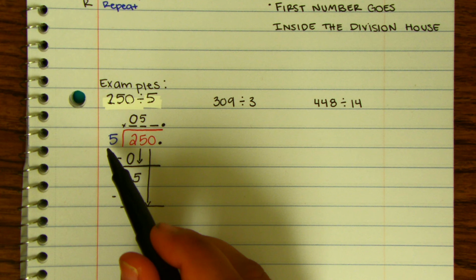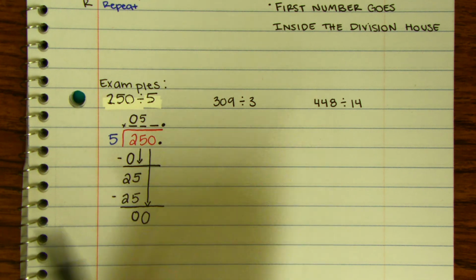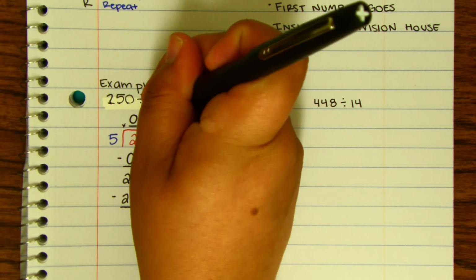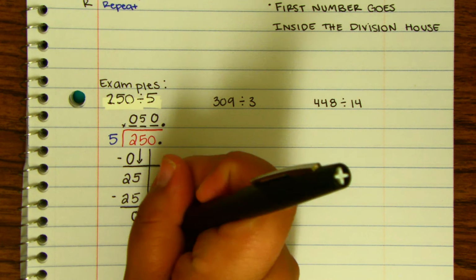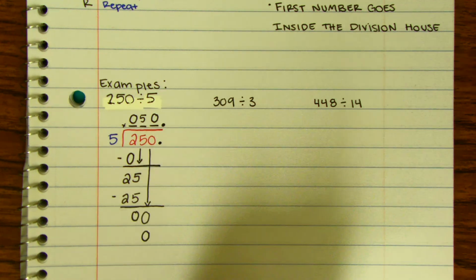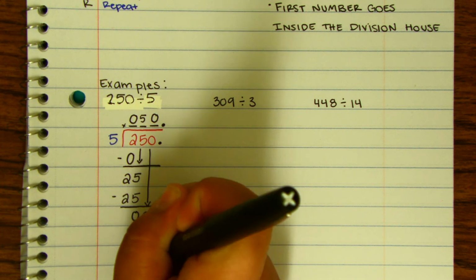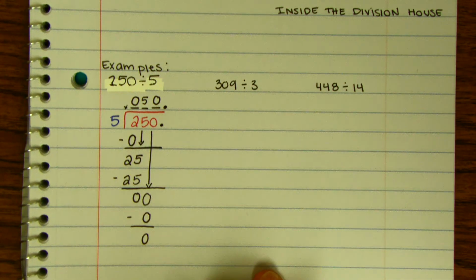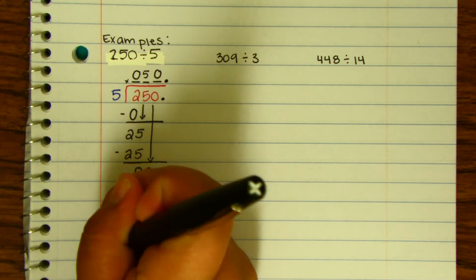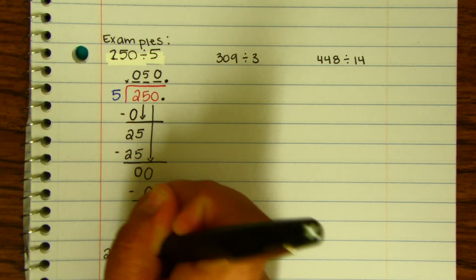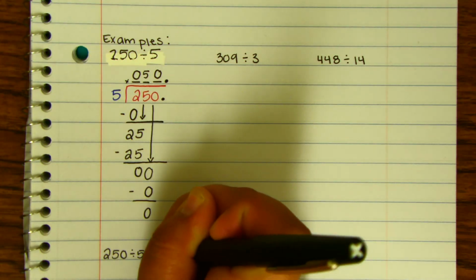So 5 can go into 0, and it can go into 0 times, because 5 times 0 will give me 0. I subtract, and my answer is 0. I have no remainder. So the answer to my problem, 250 divided by 5, will give me 50.